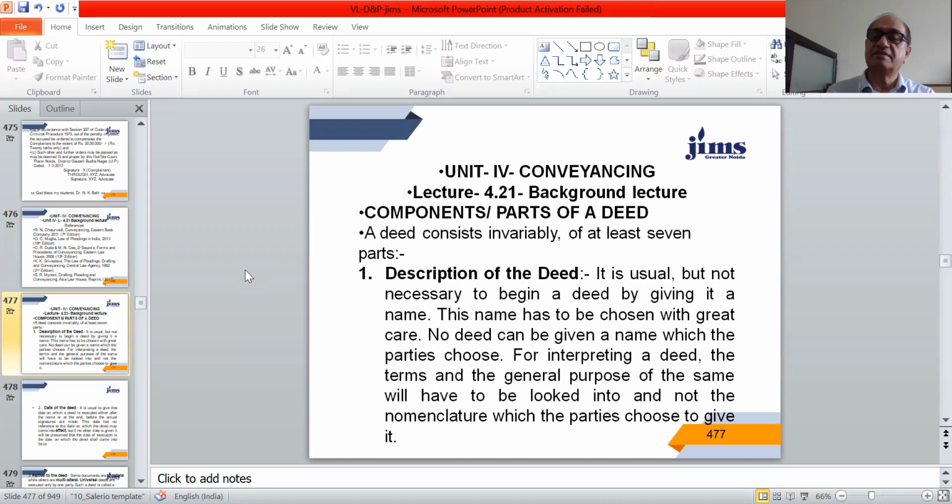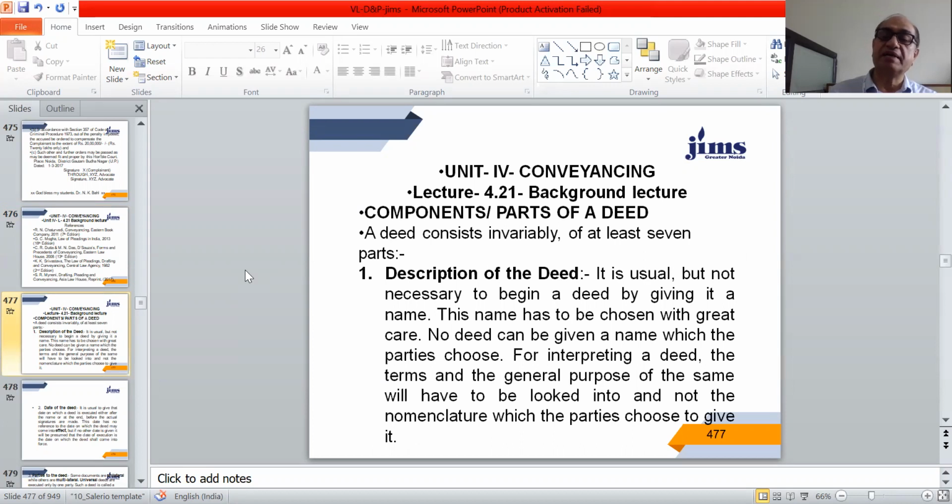There are cases where a deed described as sale deed was actually a gift deed, and a deed drafted as a gift deed was actually a sale deed. So the question of interpretation may arise later on if you have given a wrong description to the deed.